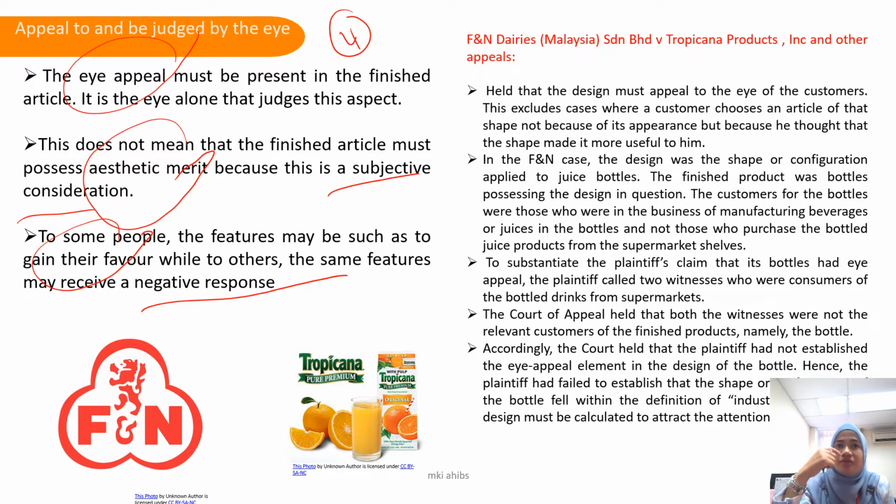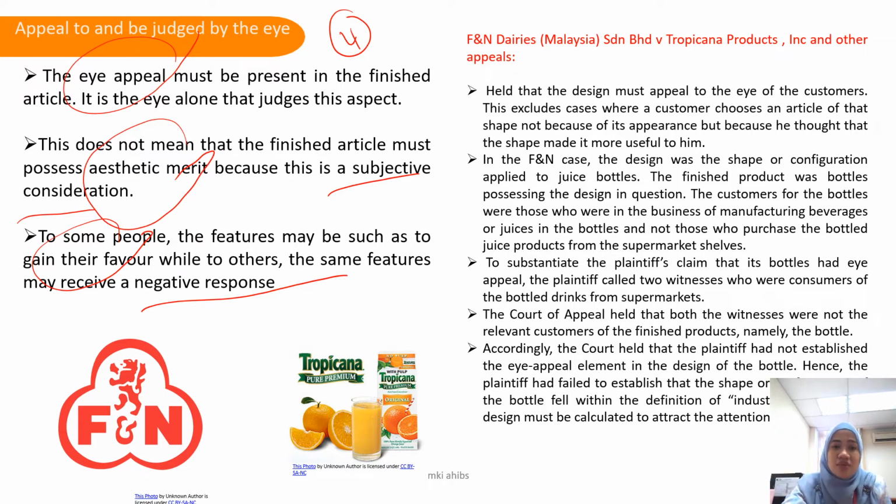Kalau kita tengok on the process of invention, that one is actually protected under the patent. Okay, the process on how you come up with a product. That's why under the patent, one of the requirements for a work to be patented is that it must have inventive steps, but there is no such thing in ID, because in ID we are only looking at the outer appearance of the product.